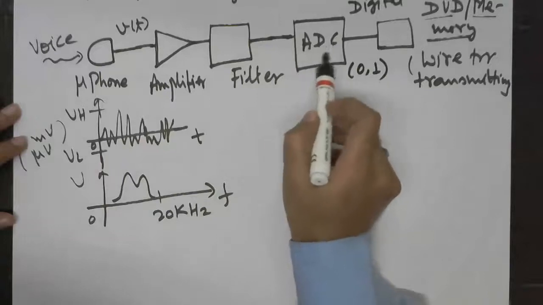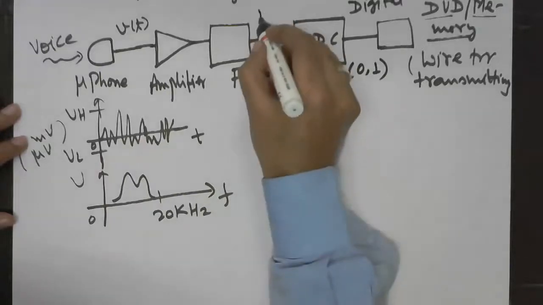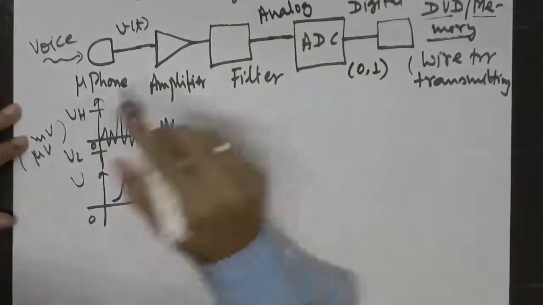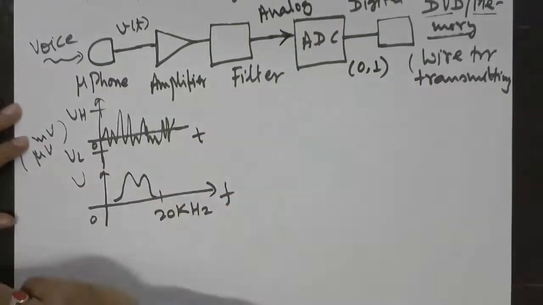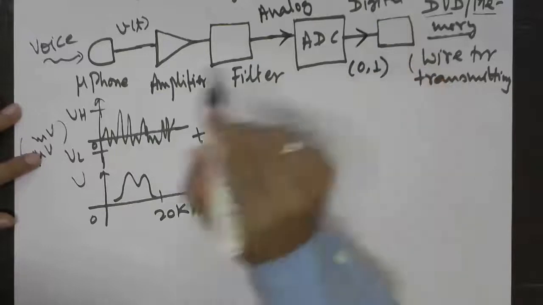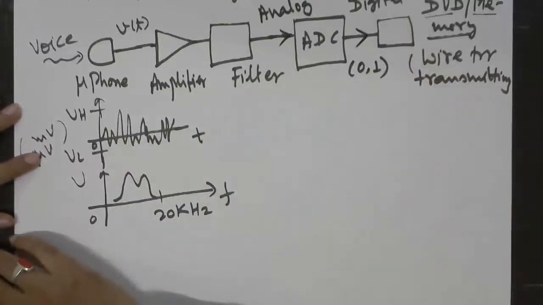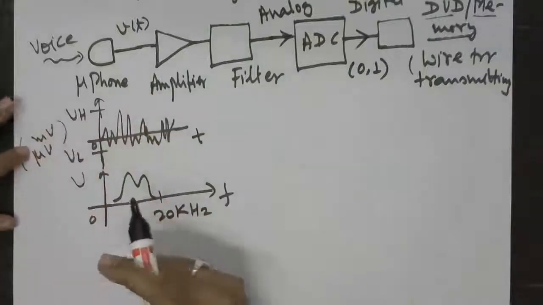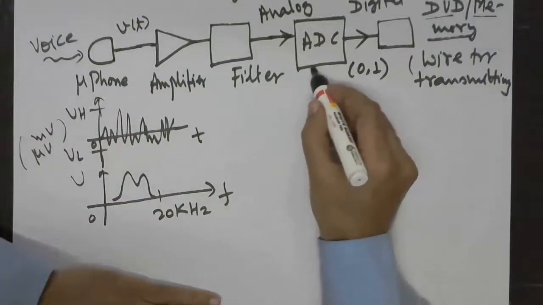So there is a circuit. What it does is it senses analog signal on the input side, and then it produces digital signal on the output side. So it changes analog to digital signal.